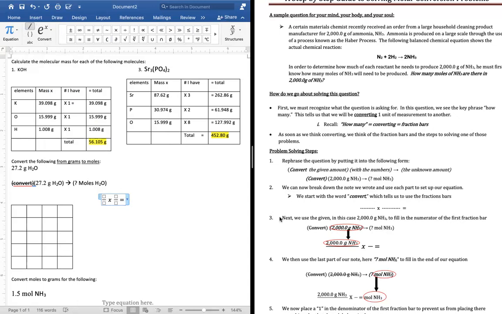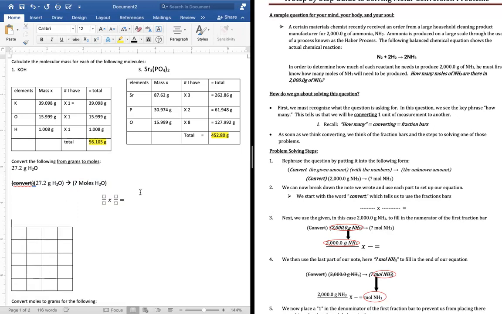So we're going to go down to step 3. I look at my note and I see I've utilized this. This word convert has given me what it needs to give me. So the next part of my note is this number, 27.2 grams of H2O. Let me see if I can move this over here. Good. So remember, what do I do with this?